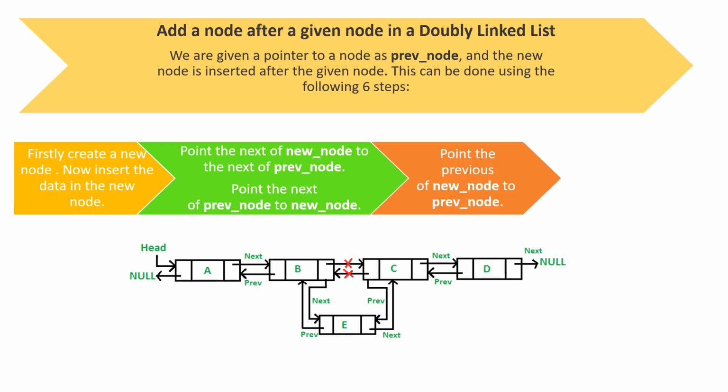Then point the previous pointer of the new node to prev_node, that is node B. And then change the previous pointer of the next node to the new node. These are the steps that we have to do to insert a node after a given node.